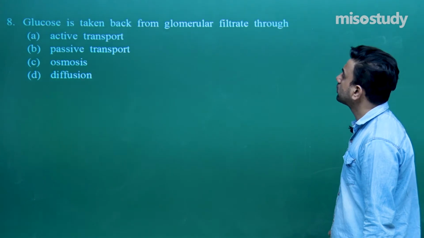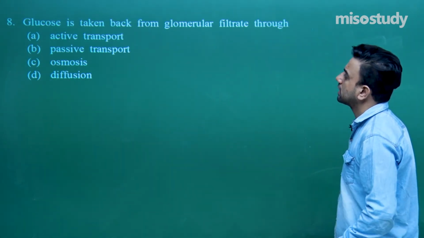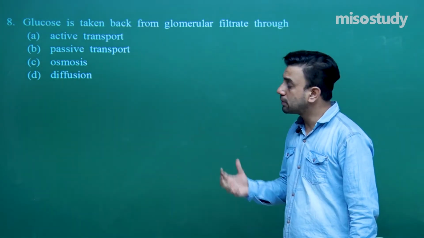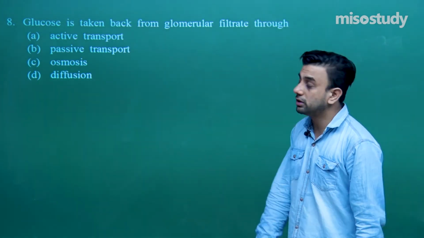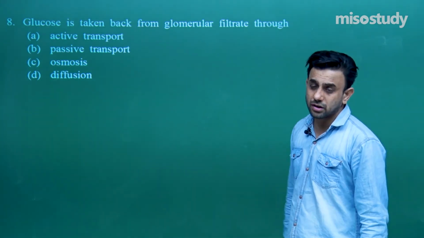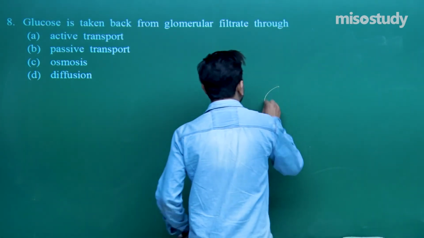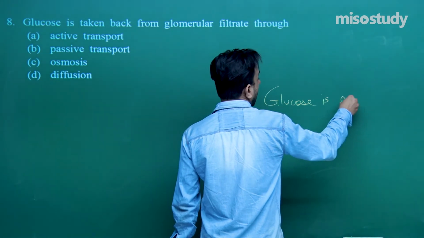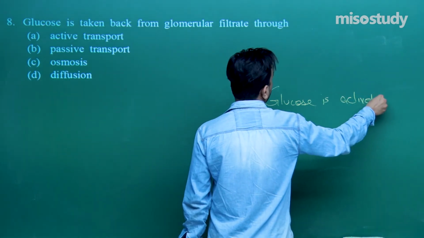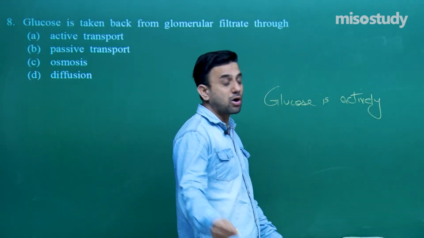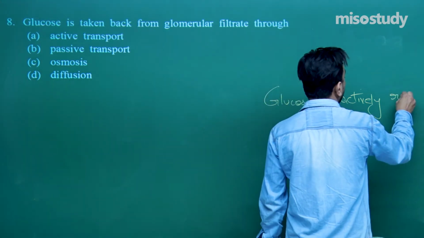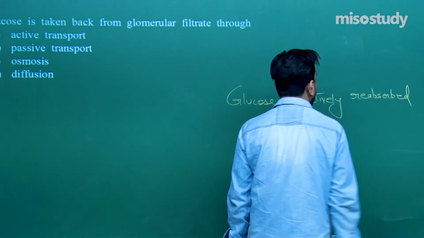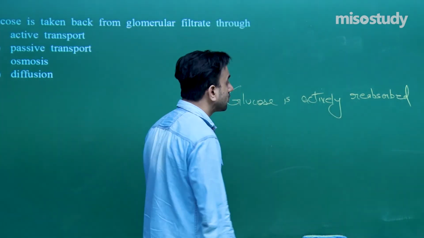Glucose is taken back from the glomerular filtrate through, yes. Now glucose is actively reabsorbed from the proximal convoluted tubule by the means of what? So glucose is actively reabsorbed, this is the word, actively reabsorbed, from the proximal convoluted tubule.